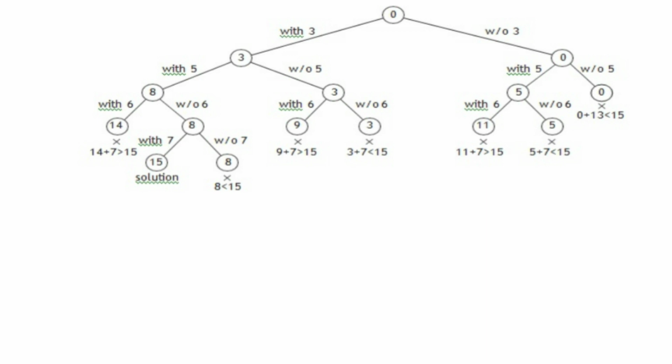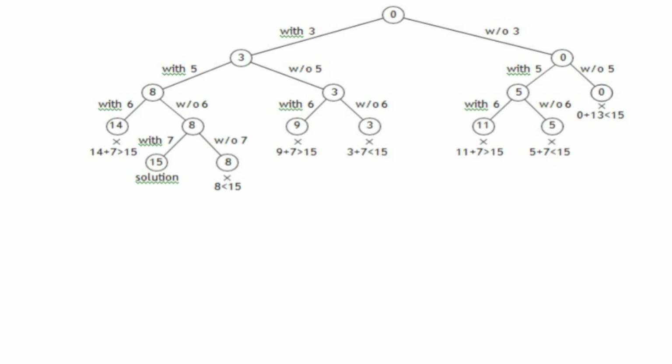So we can continue doing this with the next elements also. Then 8 plus 7, that is the left side, is inclusion, and 8 without 7 is the right side. So without 7 it remains 8 itself. 8 is less than 15, so it leads to a dead end.